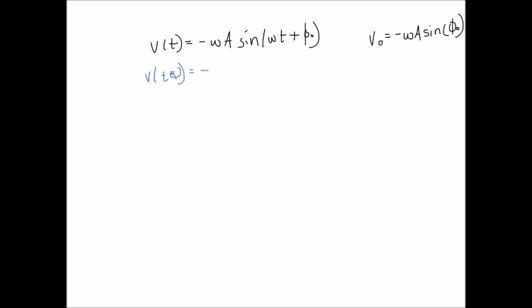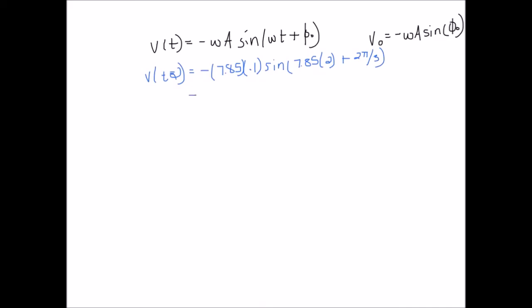is negative. Our angular frequency we solved for is 7.85. Our amplitude was 0.1 meters, times the sine of 7.85 times 2 for 2 seconds, plus our phi naught, which we've already solved for, which is positive 2 pi over 3.